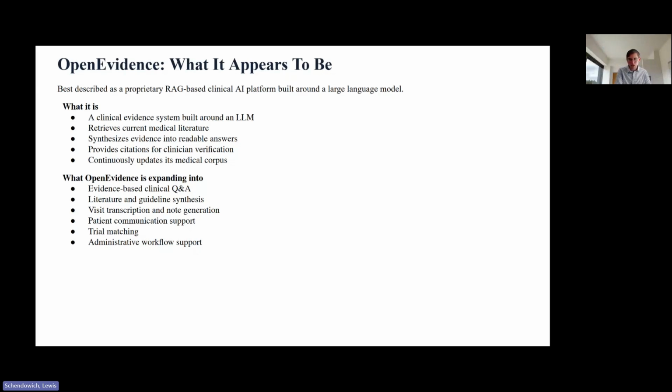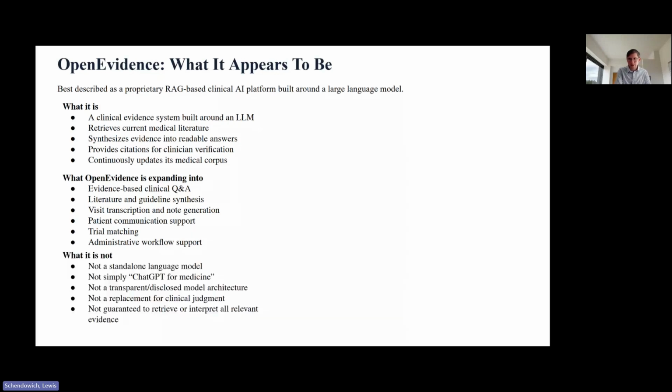But it is equally important to be clear about what it is not. It is not simply a standalone LLM or a ChatGPT for medicine. Its internal architecture is not 100% transparent. It also does not guarantee that every relevant source will be retrieved or interpreted correctly. So what does this mean for physicians?